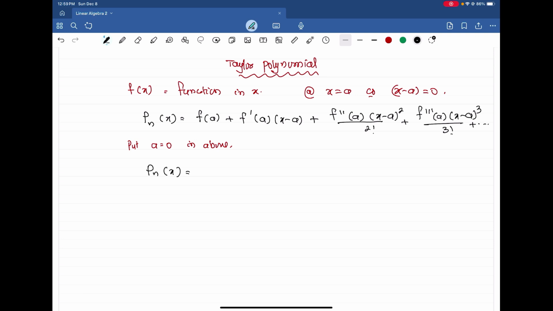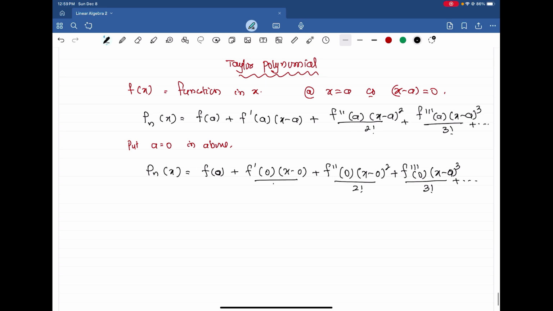Polynomial x can be function 0 plus function dash 0 into x minus 0 plus function double dash 0 into x minus 0 whole square plus function triple dash 0 into x minus 0 whole cube. This is divided by factorial 2. This is divided by factorial 3 plus so on. This is divided by factorial 1.